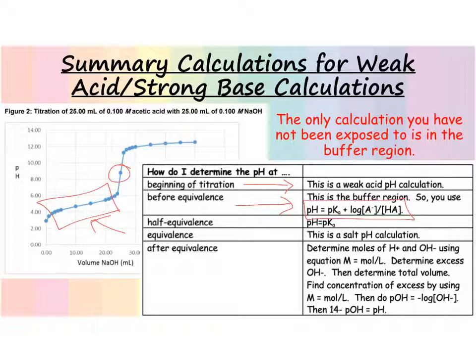At equivalence for a weak acid, strong base, this is going to be a salt pH calculation. After equivalence, this one is done the exact same way as a strong acid, strong base one: you determine the moles of excess OH minus, recalculate the concentration, and then find your pH that way. So at this point, you've been exposed to all of these calculations except for that buffer region, which we will talk about shortly.